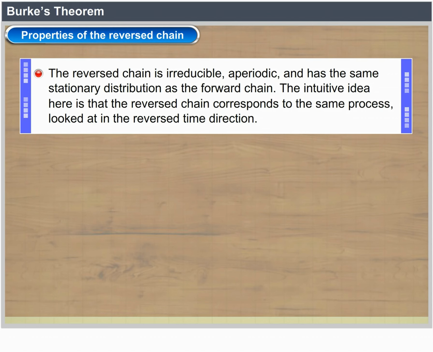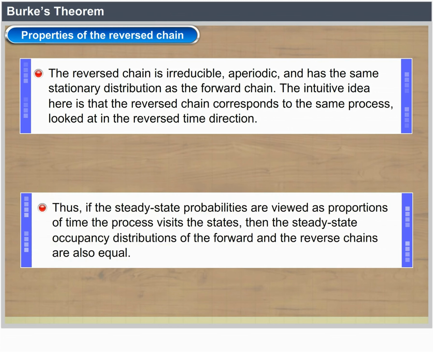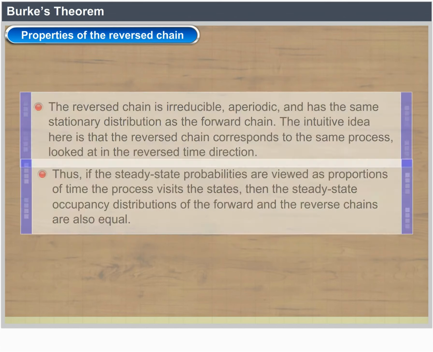The intuitive idea here is that the reversed chain corresponds to the same process looked at in the reverse time direction. Thus, if the steady-state probabilities are viewed as proportions of time the process visits the states, then the steady-state occupancy distribution of the forward and the reverse chains are equal.